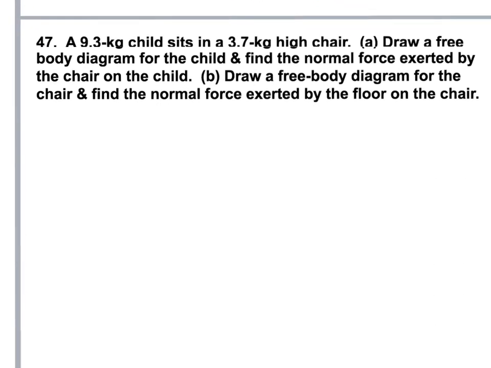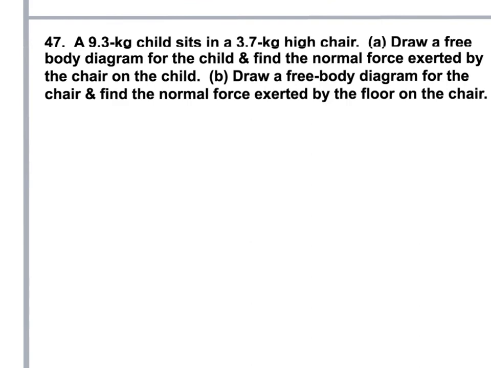I think this is our last problem here. So we have a child sitting in a high chair, and we want to draw a free body diagram of the child and find the normal force exerted by the chair on the child.